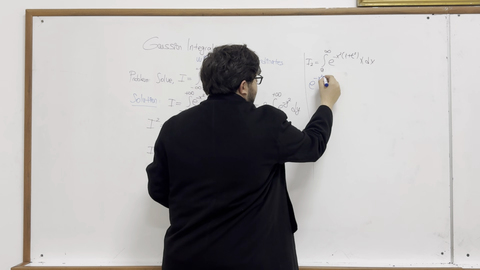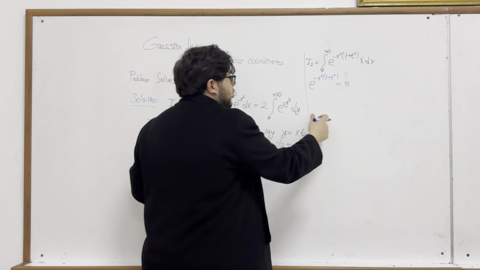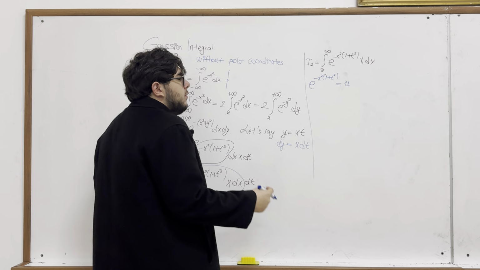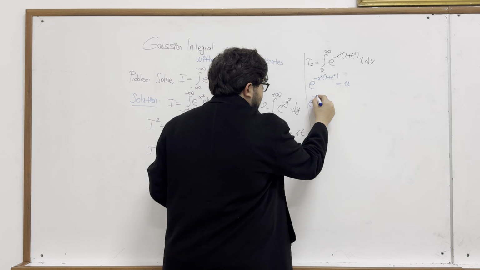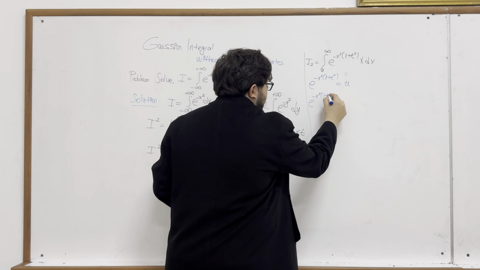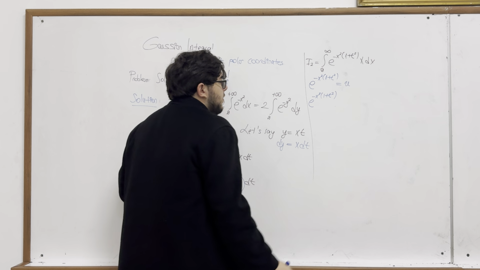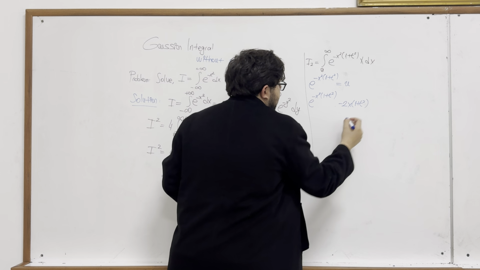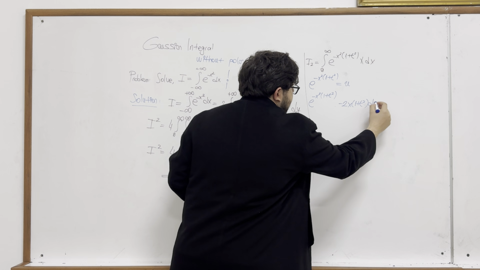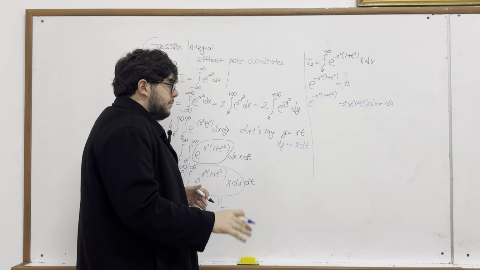Let e to the power of minus x squared times (1 plus t squared) be equal to u. So let's differentiate both sides. We know the exponential function's derivative, so this here is actually the same. And we have to take the power's derivative, which is minus 2x times (1 plus t squared) dx is equal to du. What do I need?